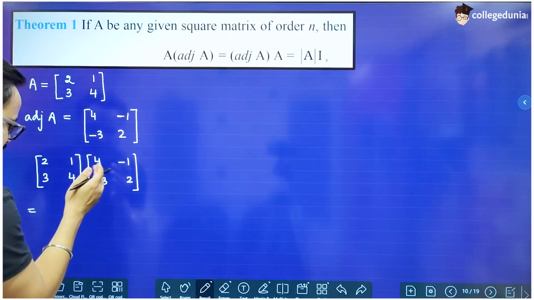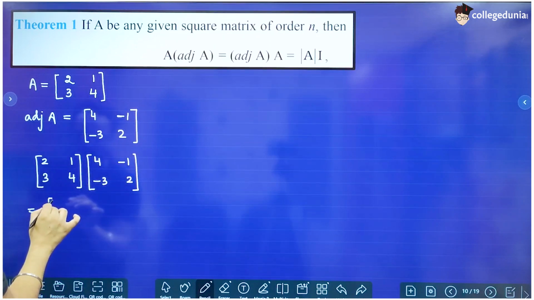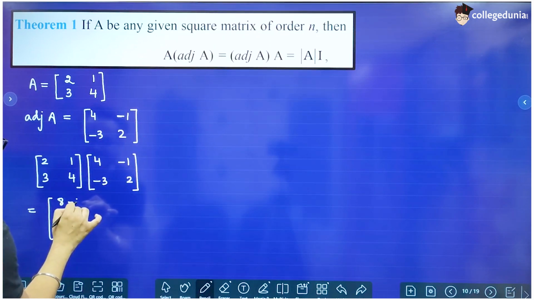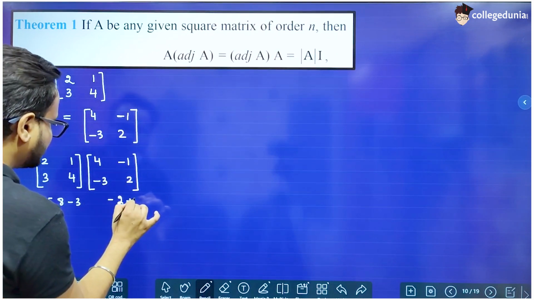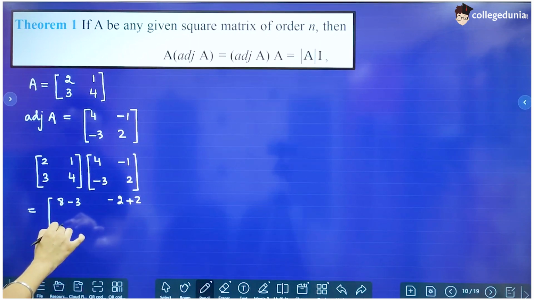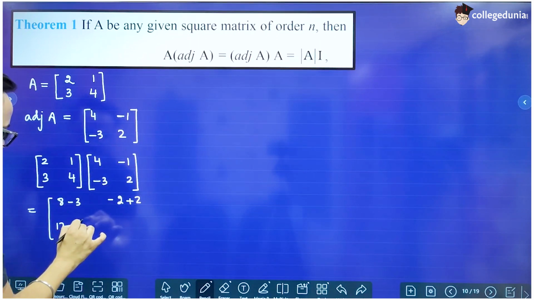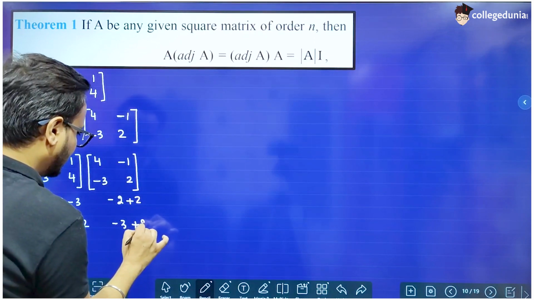This is 2 by 2, this is 2 by 2, so the product is a matrix of order 2 by 2. 2 into 4 is 8, minus 3 will be the first element, minus 2 plus 2 will be the second element, 3 into 4, 12, minus 12, and minus 3 plus 8.